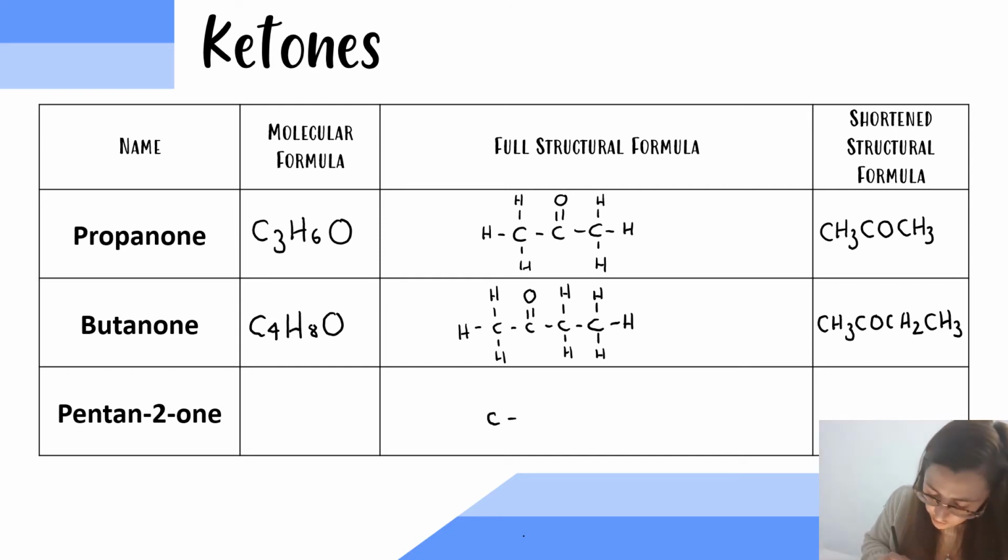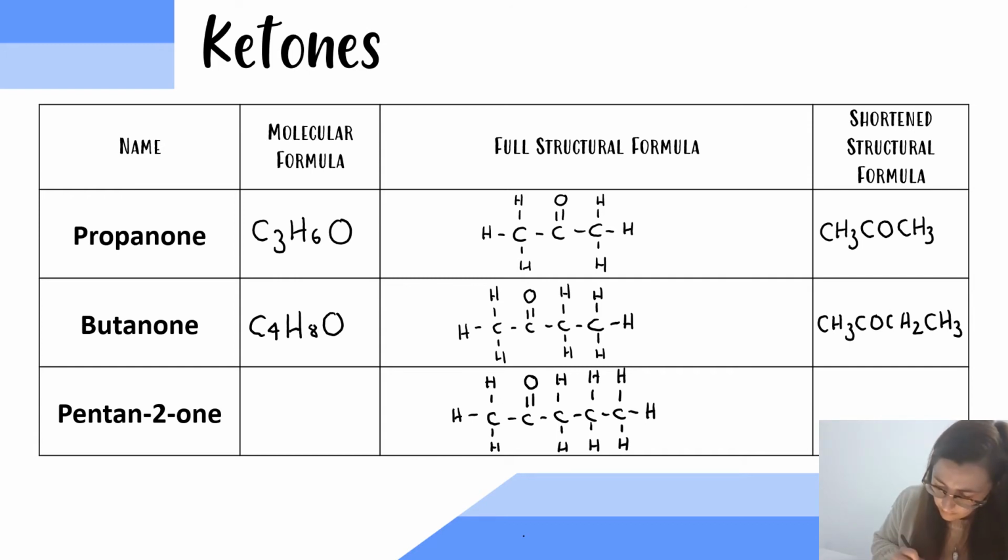So if I draw my 5 carbons, carbon 2 is where my carbonyl group is, and I can fill in the rest of the hydrogens. We've got 5 carbons and 10 hydrogens.